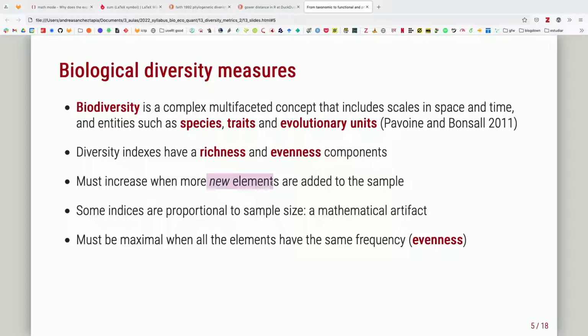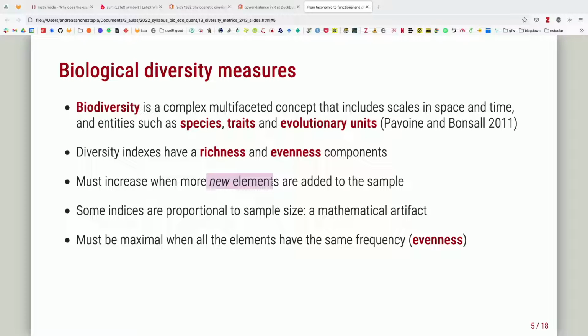There's a lady called Sandrine Pavoine. She's a mathematical biologist, and among others, they have been working on how indices should be created. Because sometimes, and it happens a lot, for example with Shannon, indices are proportional to sample size. You have 2 samples.